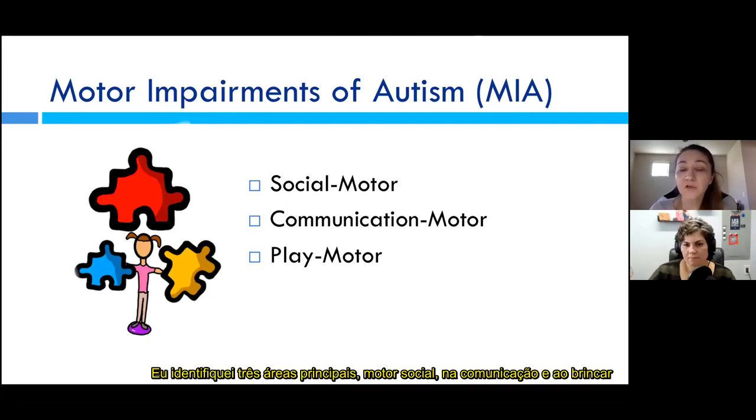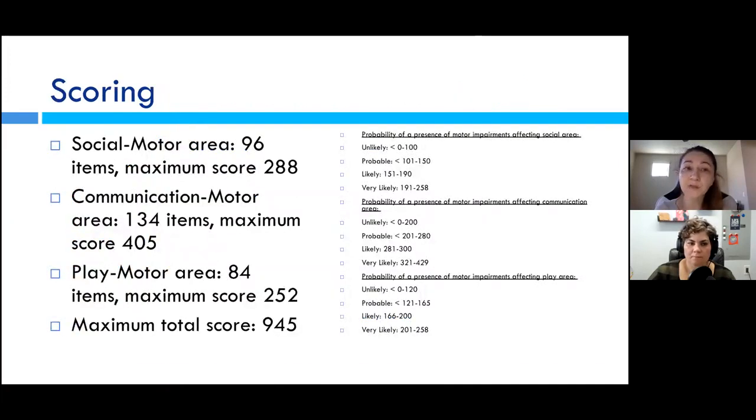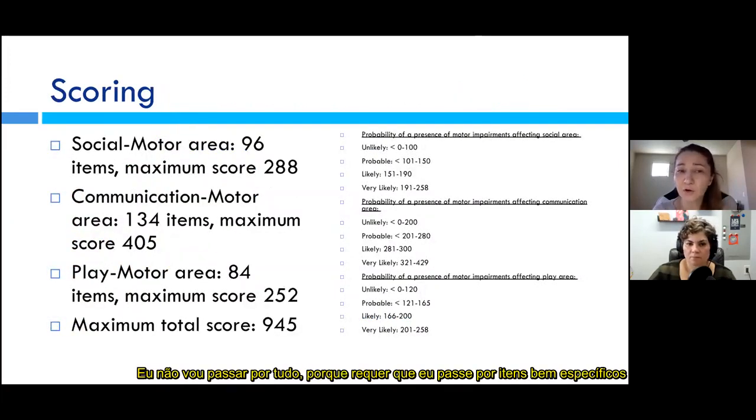I see. So I identified three major areas: social motor, communication motor, and play motor. I'm not going to really go over the scores, because that would require going over specific items.